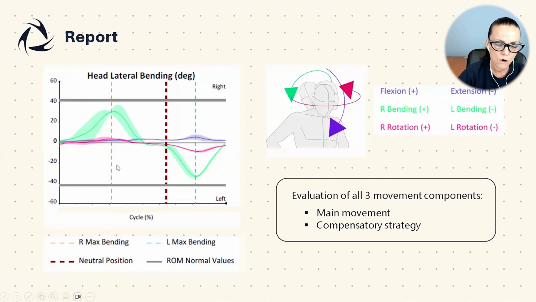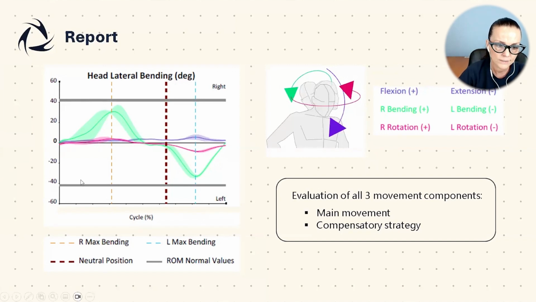Okay, these orange and blue dashed vertical lines show at which percent of the movement cycle the maximum angular excursion has been reached, both in one direction and in the opposite one. The brown line instead shows the temporal event when the head returns to the neutral position.